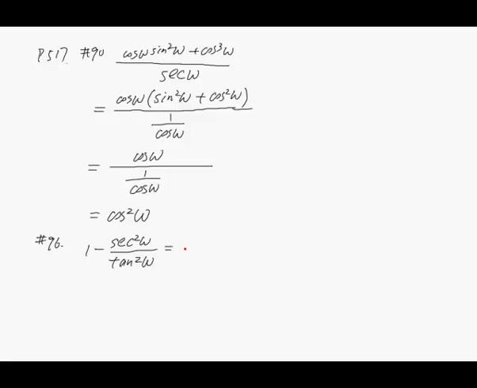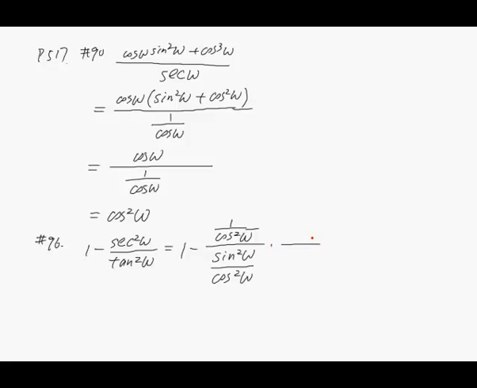So right now, let's deal with this part because this is more complicated. So we can use the reciprocal identity to get 1 over cosine square w to replace this secant square w. And then we can use the identity from the definitions and rewrite this tangent square w as sine square w over cosine square w.